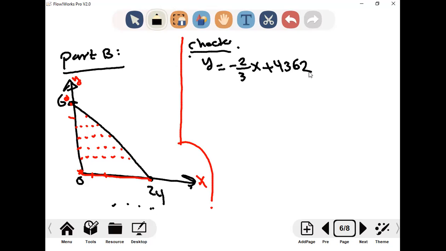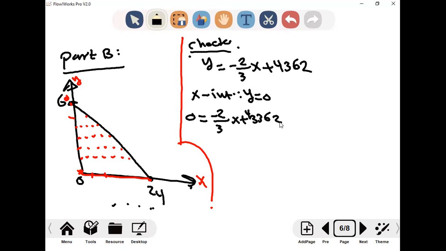They gave you 4 graphs. They want us to know which graph represents this function. Now let's find the x and y intercepts. To find the x-intercept, let y equal 0. So 0 equals negative 2 over 3x plus 4 3 6 2, right?